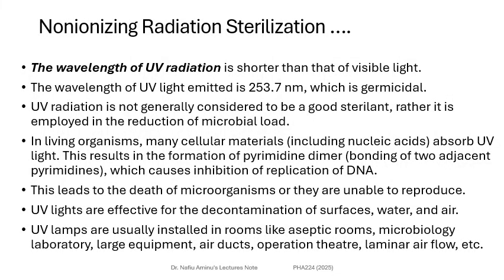In living organisms, many cellular materials, which include nucleic acid, absorb this UV light, and when this happens, it results in the formation of what is called pyrimidine dimer, which is a bonding of two adjacent pyrimidines, and that usually leads to the inhibition of replication of DNA.